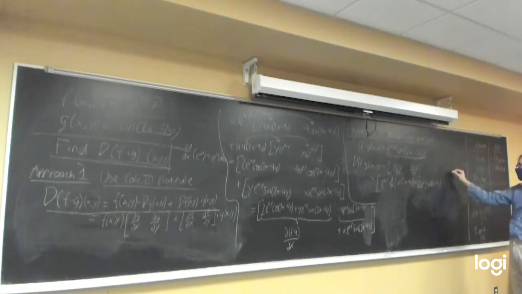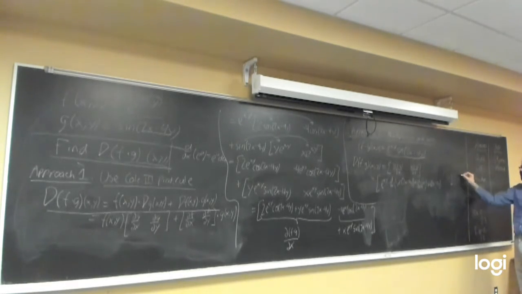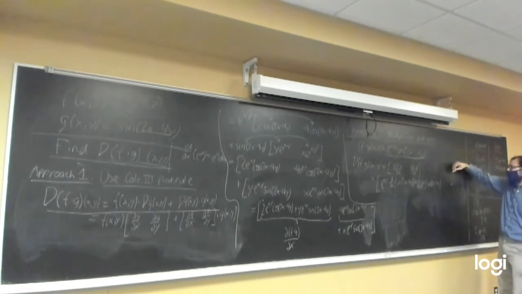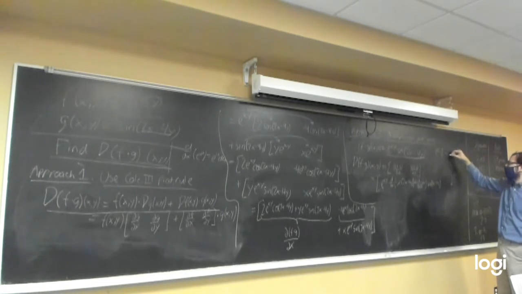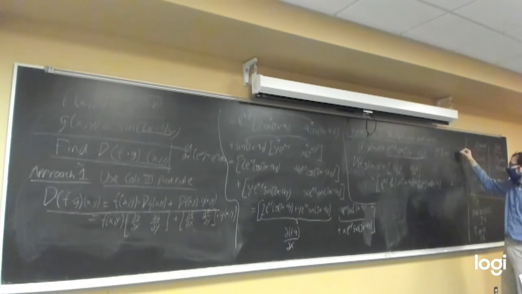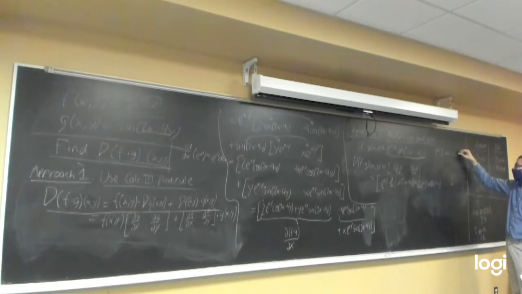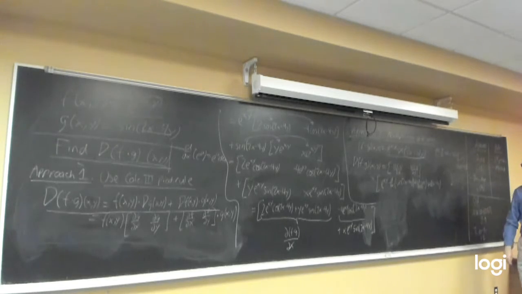And then we'll do the same for the derivative of this with respect to y. We'll end up with e to the xy times the derivative with respect to y of sine of 2x minus 4y, plus the derivative with respect to y of e to the xy times just plain old sine of 2x minus 4y.